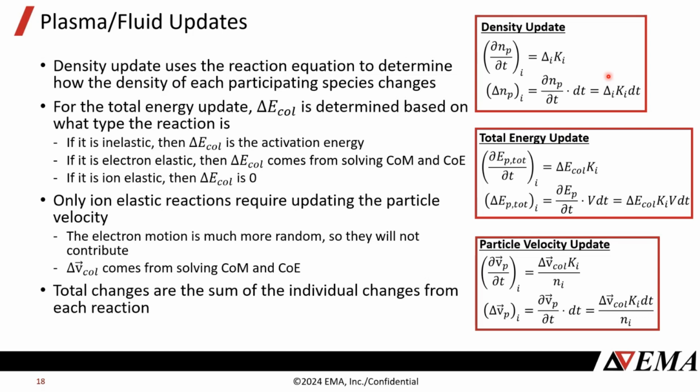Although, of course, because your densities aren't changing for elastic reactions, your density update is going to be 0. Anyways, the rate of change in the density is given by this equation here. We have our reaction rate, the capital K sub i, multiplied by this other quantity, which I've written as del sub i. This is going to be the change in the particle densities per collision.